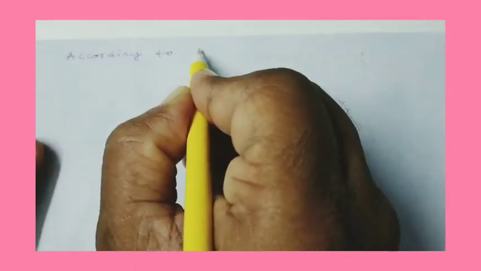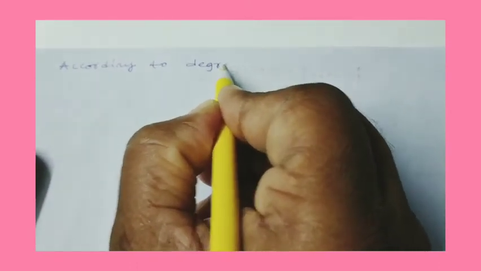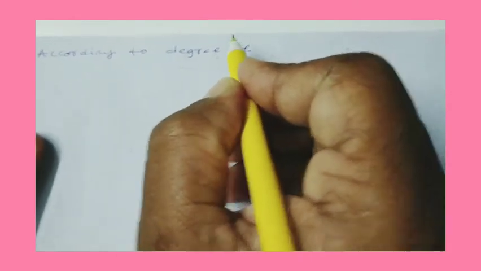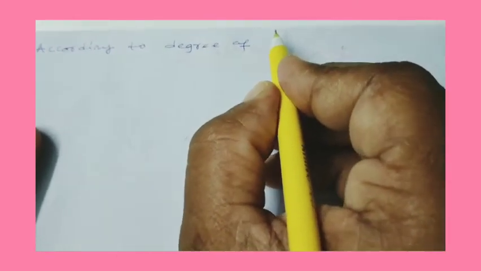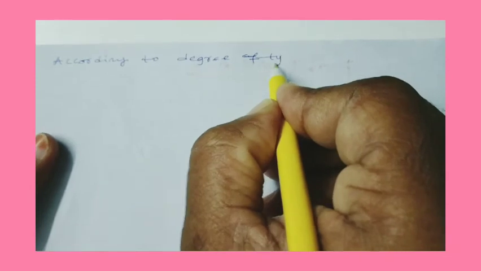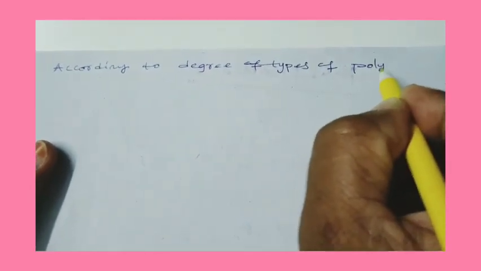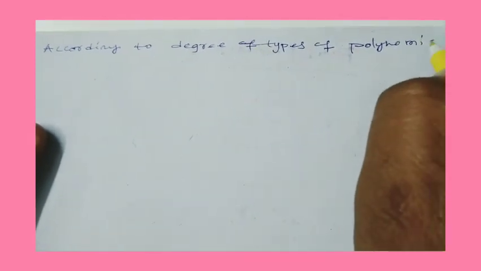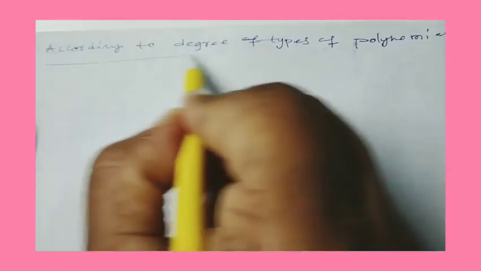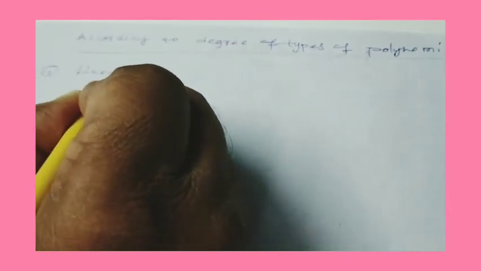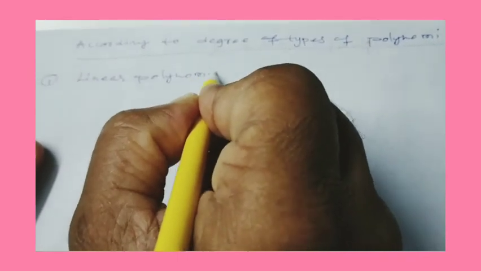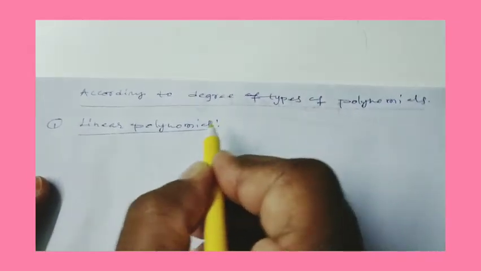According to degree, types of polynomials. The first one is linear polynomial.